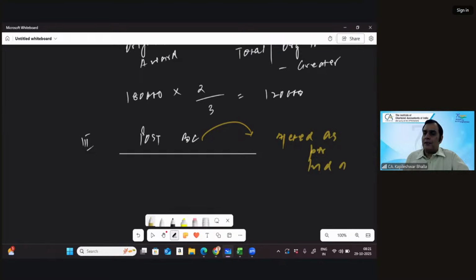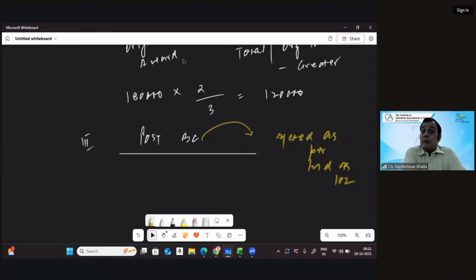So let me still ask you a simple question, at least to be on the safe side. When you're going to account this under Ind AS 102, in this particular case, is it going to be spread over the remainder vesting period? In this case, it is just 1 year.